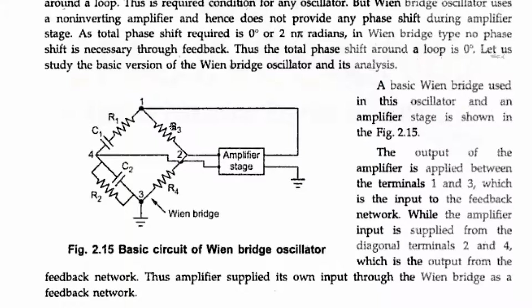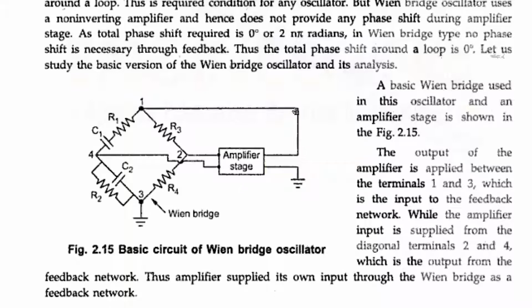From the feedback network, isn't it? So the two important points you can write here: the output of the amplifier block acts as input to the feedback network, and the output of the feedback network acts as input to the amplifier. Output of this block, input here; output of this block, input here, and they are in a loop. Why is this explanation important? It is important for the mathematical analysis, which we'll be discussing now.